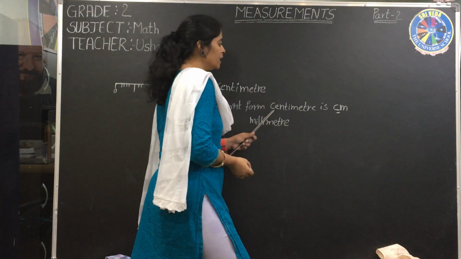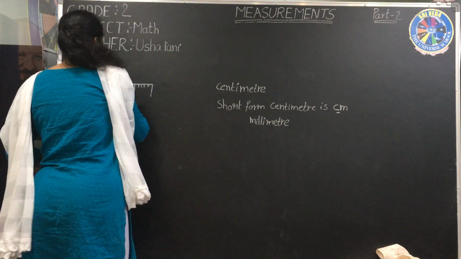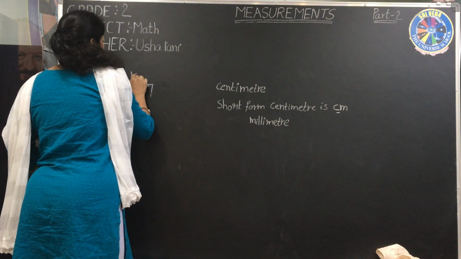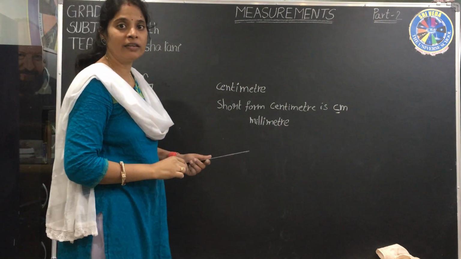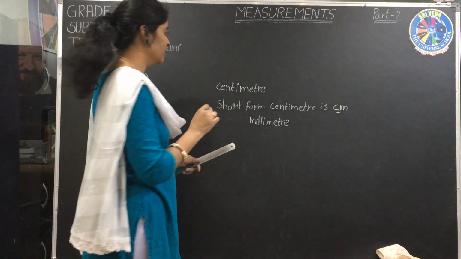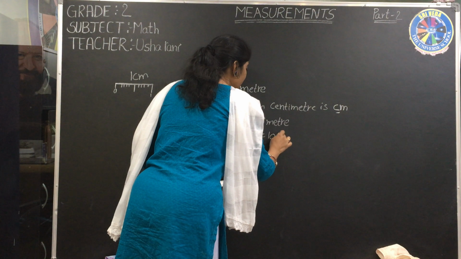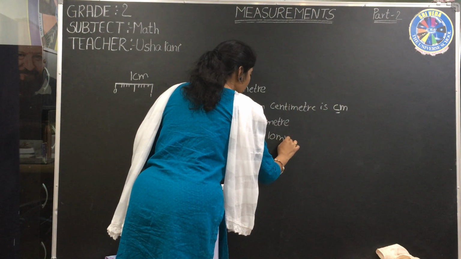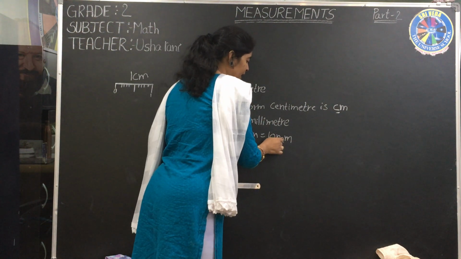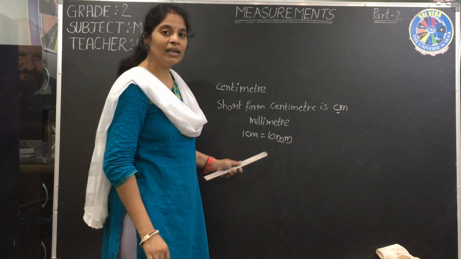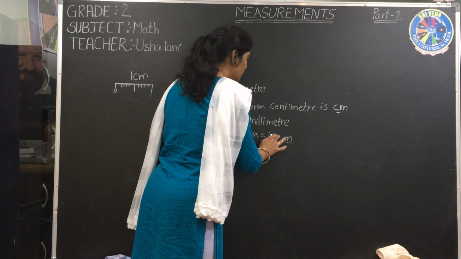So 1 centimeter equals how many millimeters? Here to here is 1 centimeter, and it equals 10 millimeters. What we write here is mm. M means milli, M means meter. mm is the short form of millimeter.